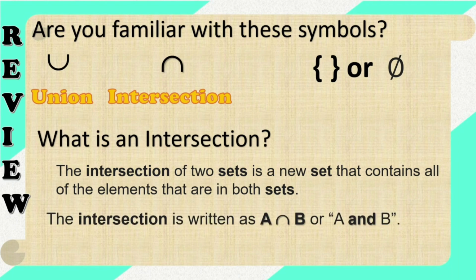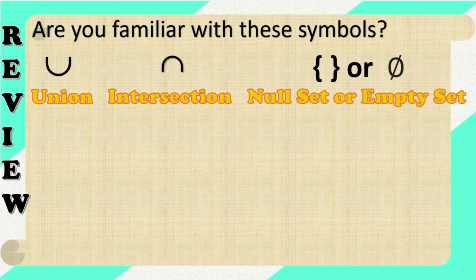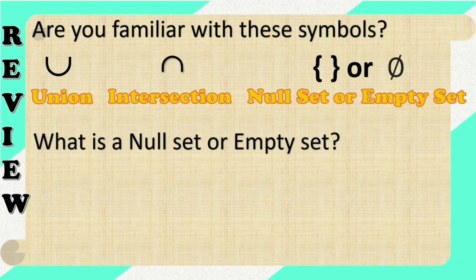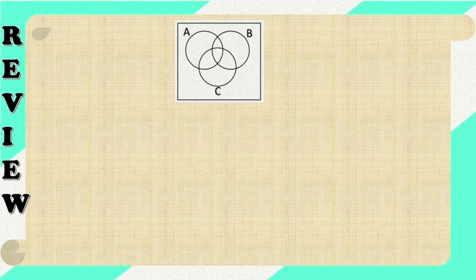The intersection is written as A, the upside down U, B, or A and B. How about that third symbol? Okay, so that is the null set or empty set. What is a null set or empty set? A set with no elements. The null set is a subset of any set.